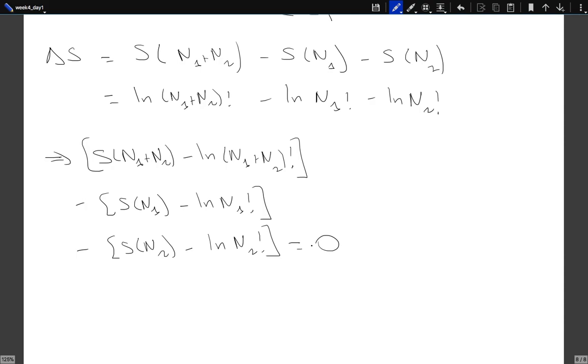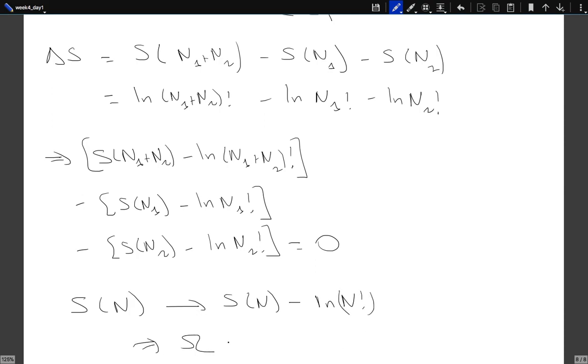The problem of the mixing of identical particles can be corrected if we replace the entropy of n particles by the entropy of n particles minus the logarithm of n factorial.